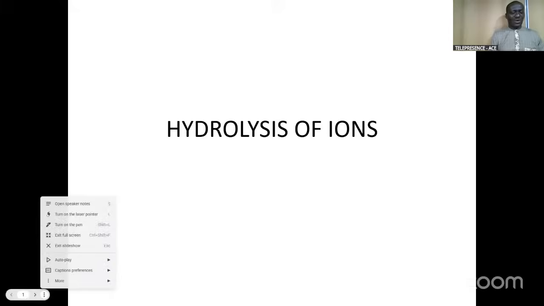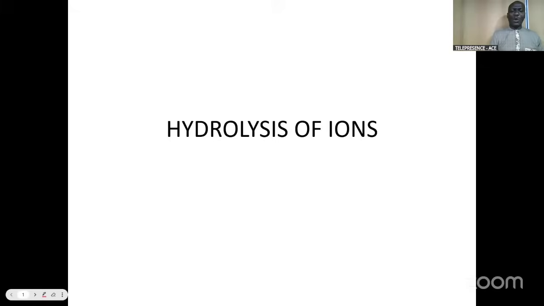And of course, similarly, if you look at the reaction between a strong acid and a weak base, for example, the reaction between hydrochloric acid and ammonia to give ammonium chloride. Hydrochloric acid is a strong acid. Ammonia is a weak base.